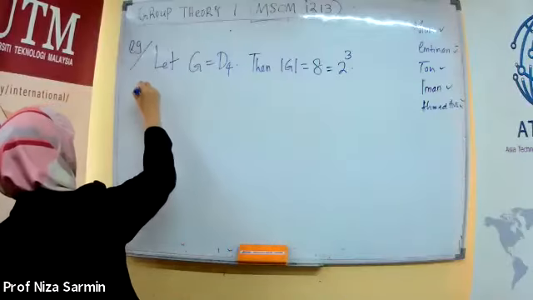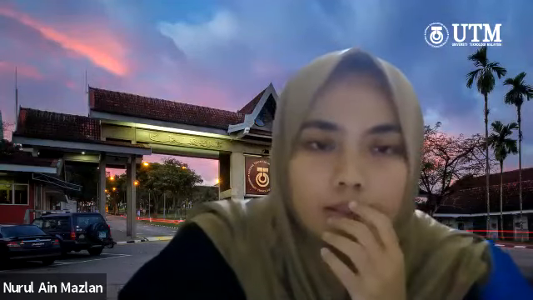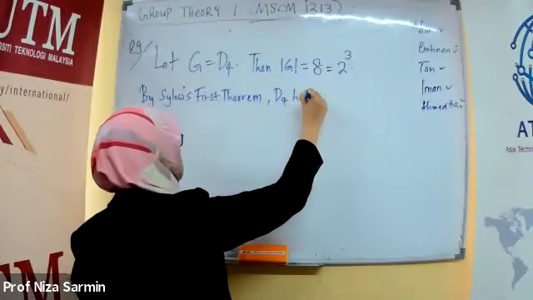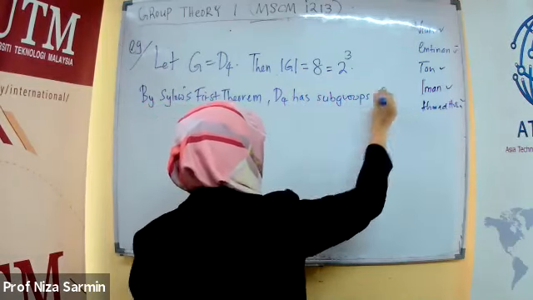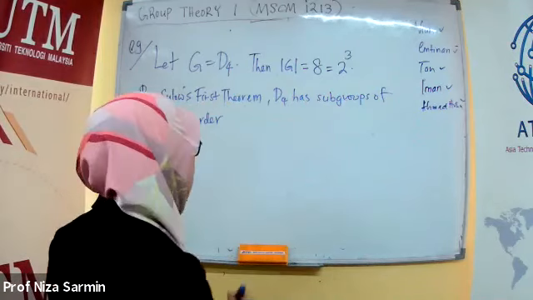By Sylow's first theorem, D4 has subgroups of order 2, 4, and 8. By the Sylow one theorem.